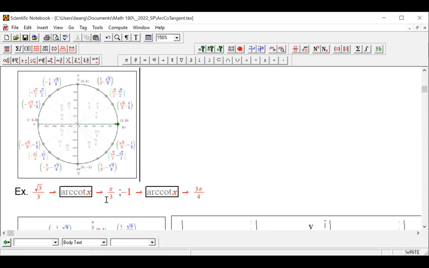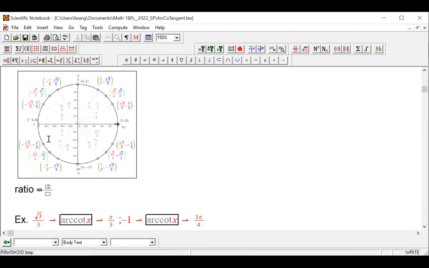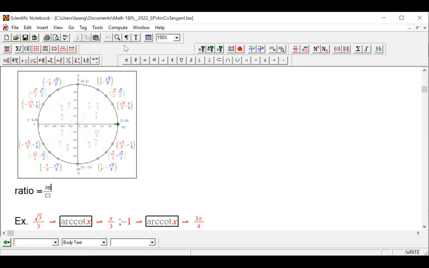For example, for the ratio equals to 1. The ratio I'm talking about is x over y, the red divided by the blue.